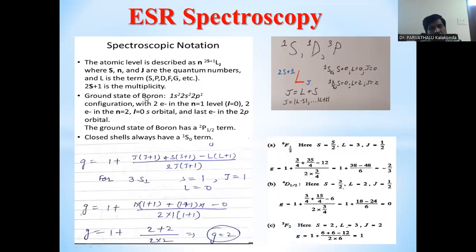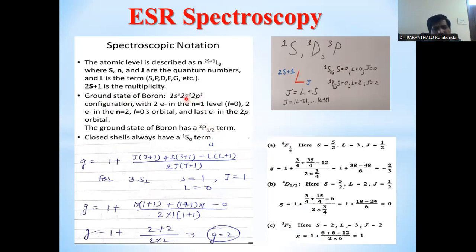Now let me take boron. How do we write this? The spectral term is 2P. I'm going to write P. For the P orbital, what is the L value? Its L value is 1.